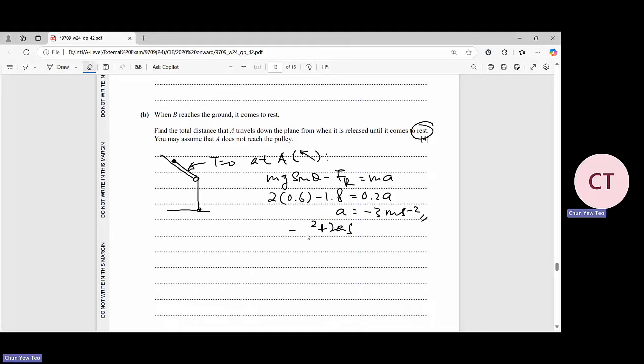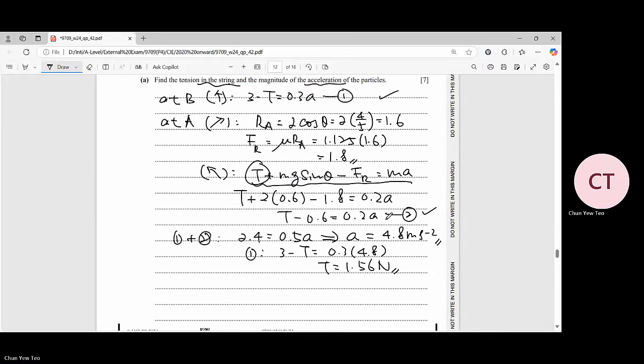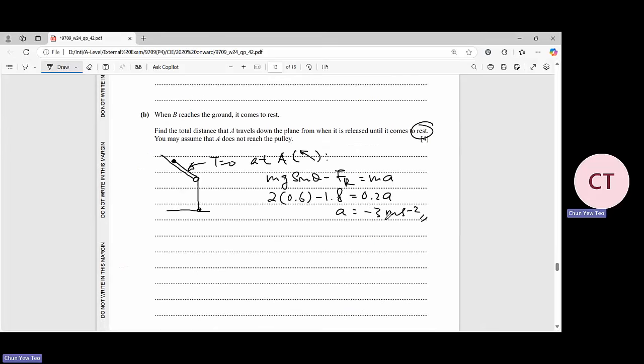We need to find the speed right before B hits the ground.